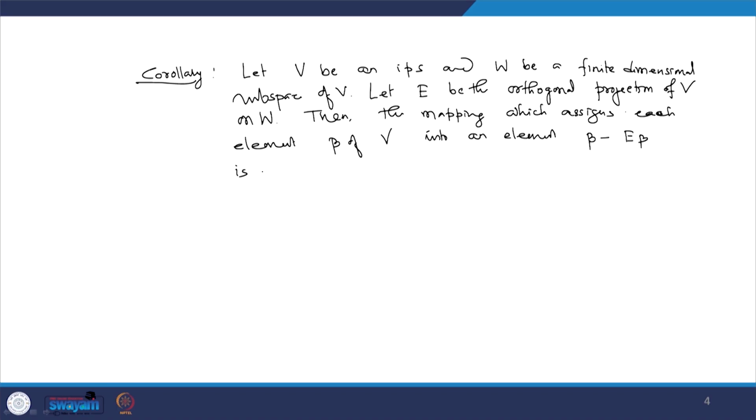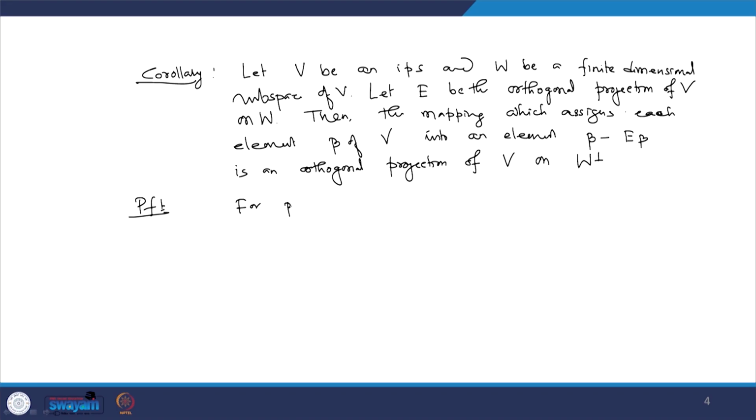I can say it is an orthogonal projection of V on the orthogonal complement of W. So, this can be proved using best approximation and the concept of orthogonal projection.